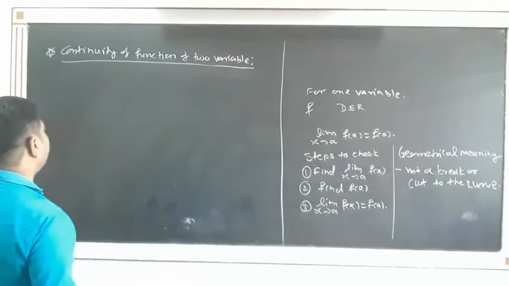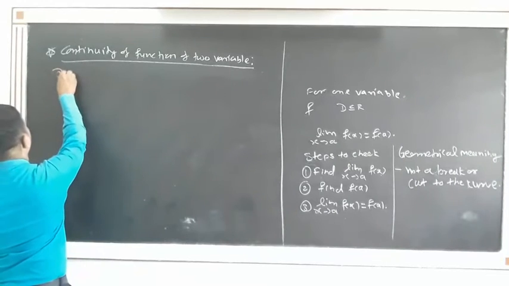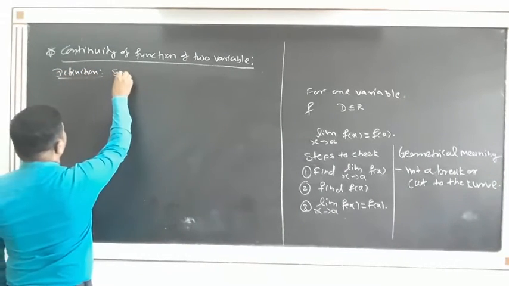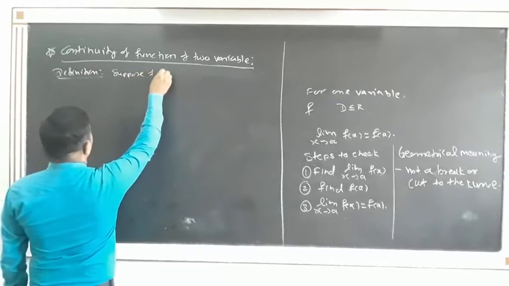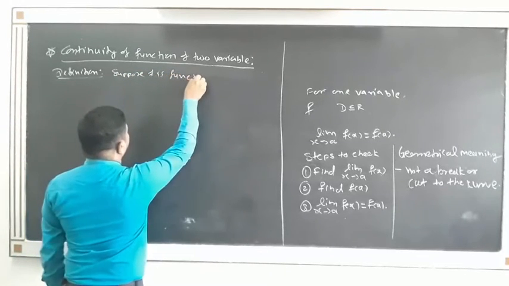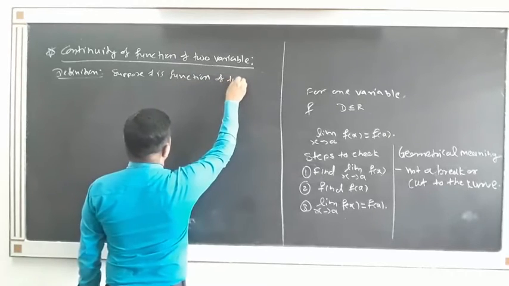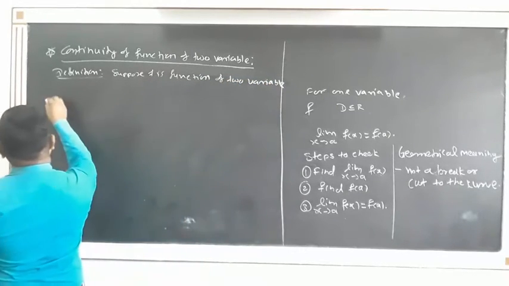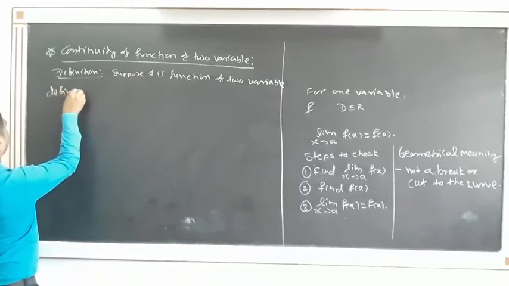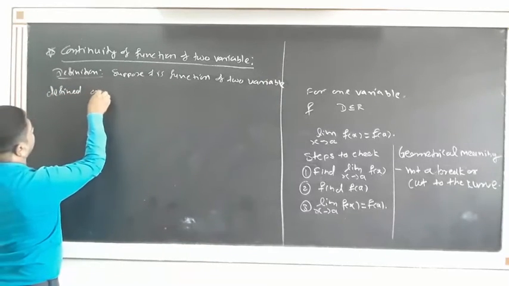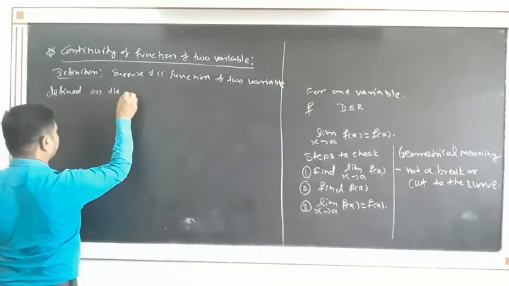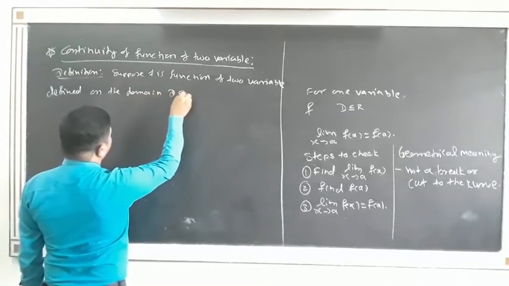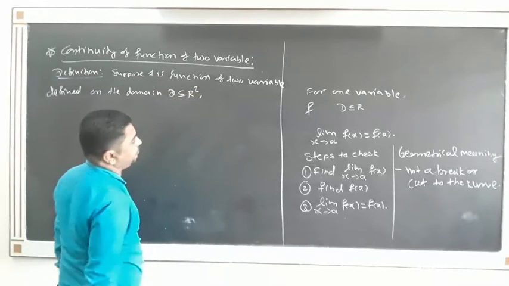So how do we write the definition? Suppose f is a function of two variables defined on the domain D, a subset of R square.